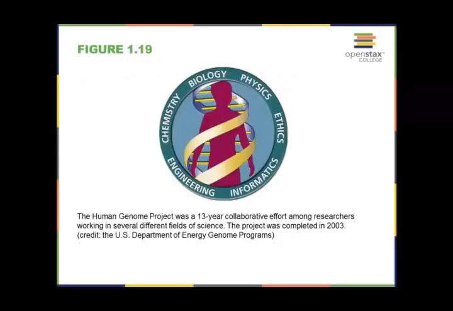One example of a major project that was taken on was the Human Genome Project. This was completed in 2003 and started in 1990. So this was a collaborative effort among many researchers working in several different fields of science. Originally, it was just those working on sequencing the genome manually using techniques in the lab.